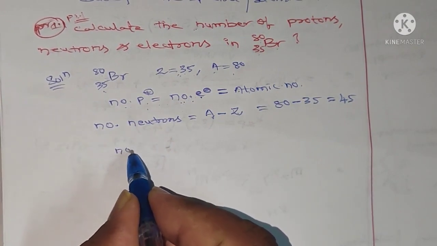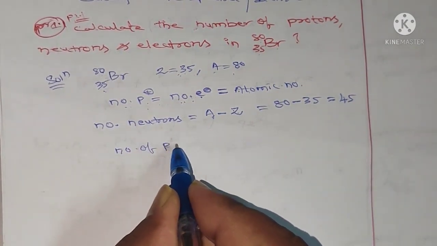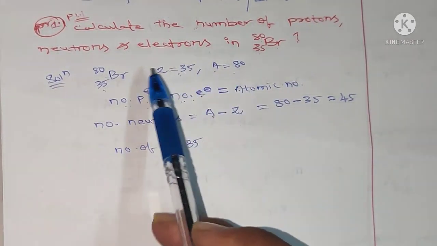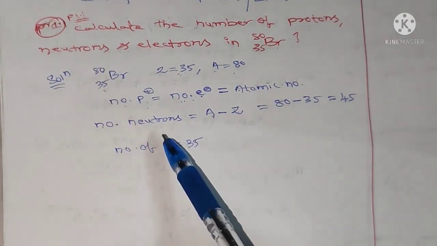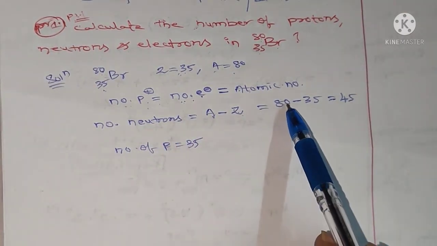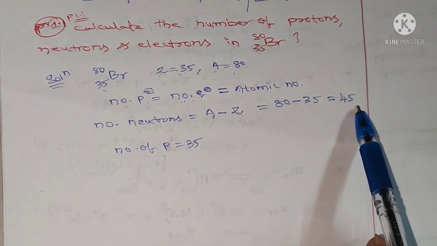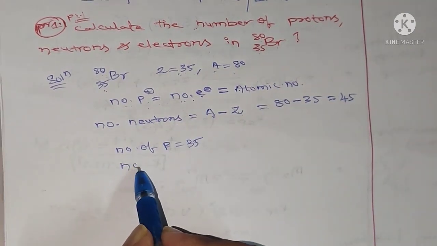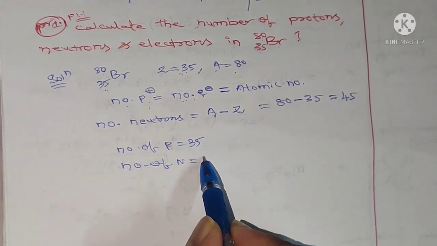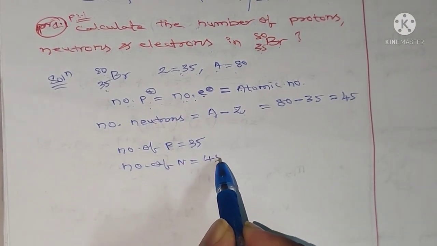So the number of protons is 35, and the number of neutrons is A minus Z, 80 minus 35, equal to 45.